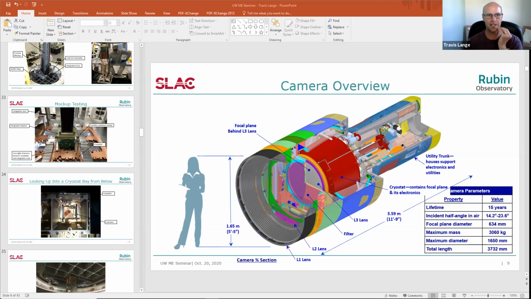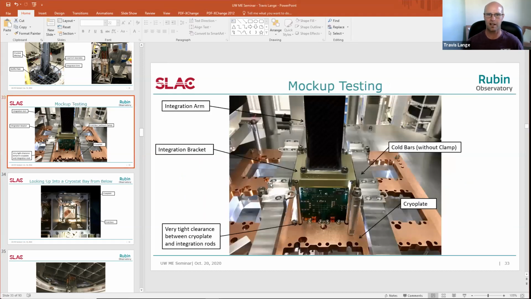And we built a non-functional cryostat as well. So we practiced putting those mechanical rafts into our mock-up cryostat. That's actually what this image was showing, our actual mock-up of the cryostat, of just the critical features, not of the entire cryostat. So we could really test out and vet the process a lot.